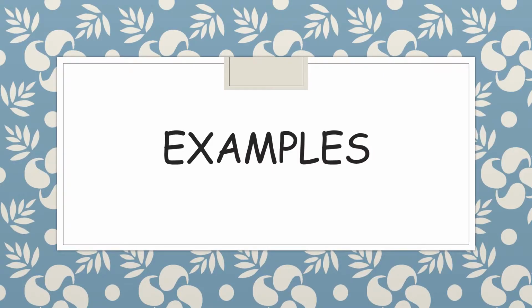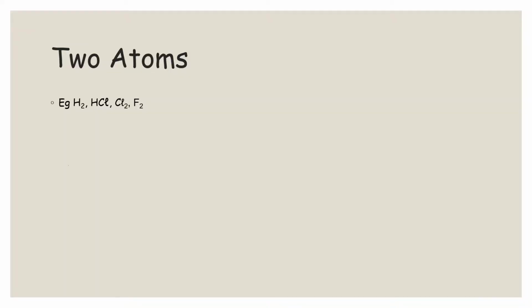So we're going to look at some examples for some simple shapes. The first step is to draw an electron dot diagram. So we're going to do the example of hydrogen. We know that each hydrogen atom has got one valence electron, so we have a total of 1 plus 1 is 2 electrons.